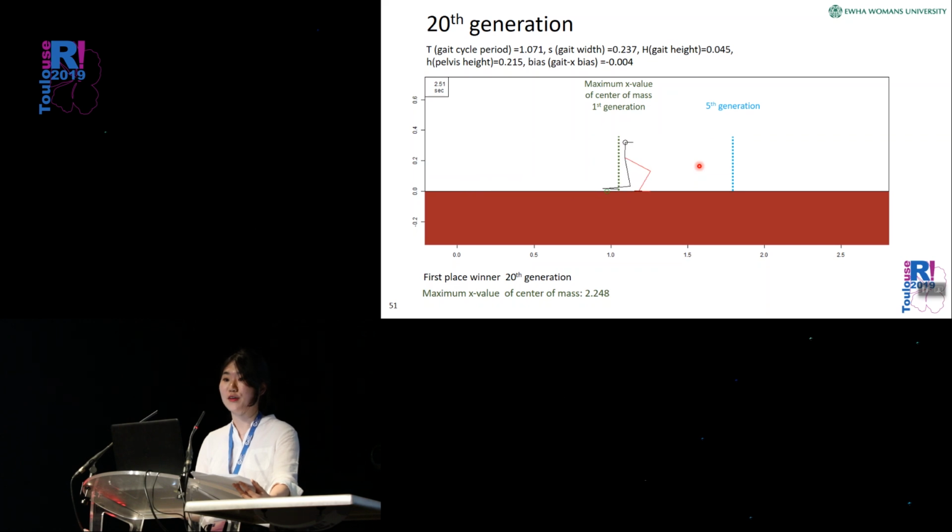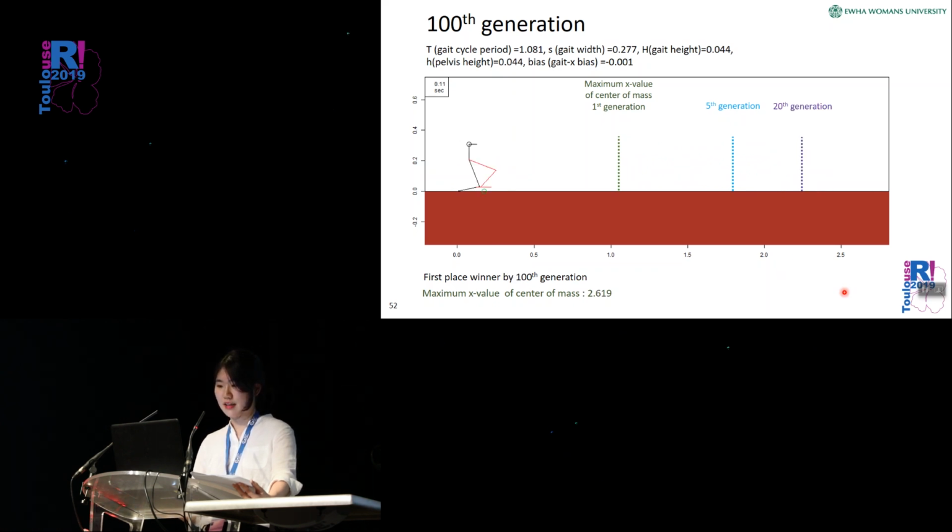It works farther than the previous generation. And in the 100th generation, it works farthest. Maximum X value of the center of mass is 2.619. It's maybe around here.